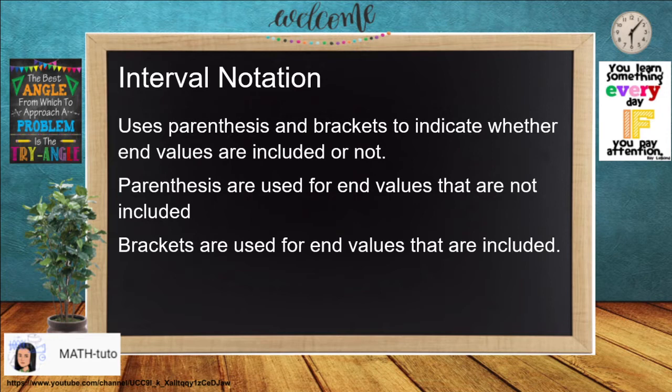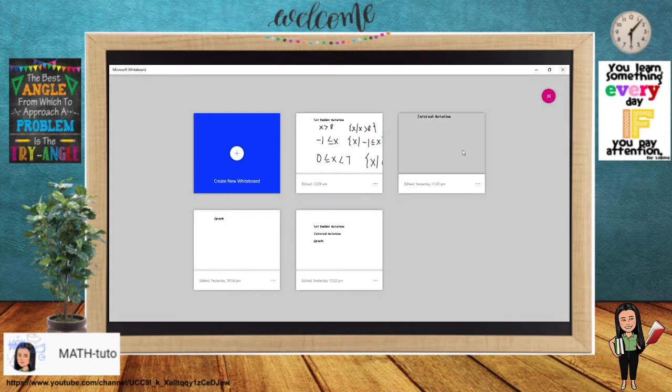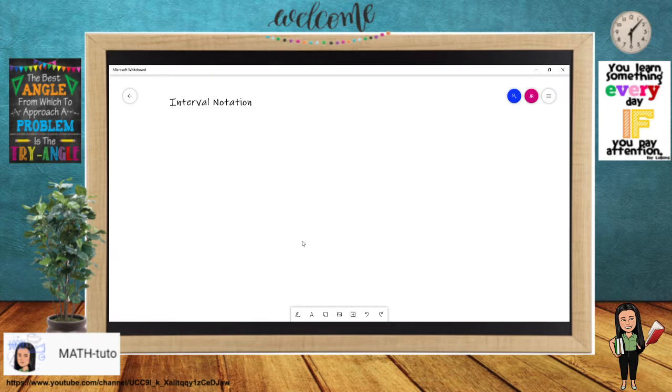Okay? So, let us have some examples, or let us use the same example na in writing solution set using interval notation. Yung unang example, we have x is greater than 8. Yan.